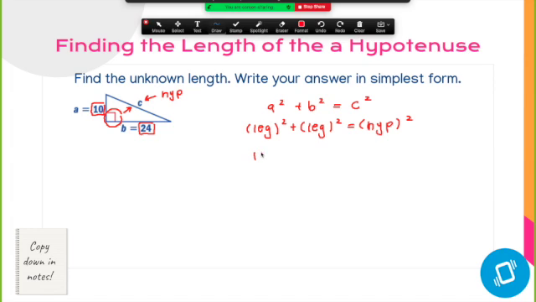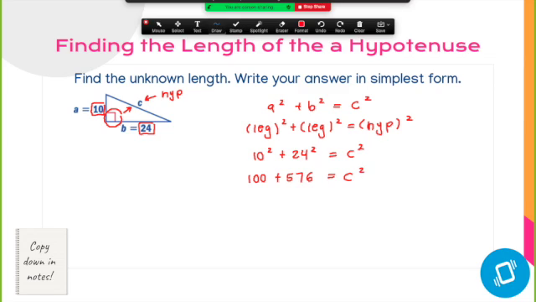So we get 10 to the power 2 plus 24 to the power 2 equaling the unknown. So I'll just leave it as c squared. Once I do that, I can solve for 10 to the power 2. I know that 10 to the power 2 equals 100. And then 24 to the power 2 equals 576.